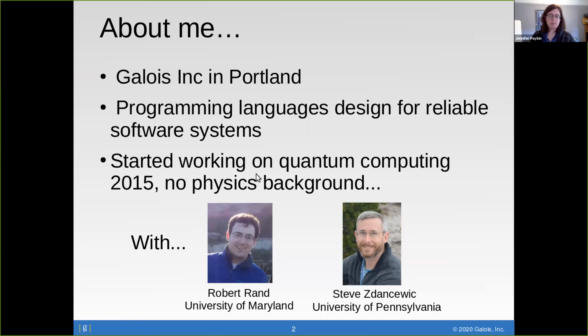What I found so interesting is that it was very accessible to me as a computer scientist, as a programmer. That's the perspective I'm going to bring to this talk. Hopefully it's not going to be a very physics talk. It's going to be a computer science talk.